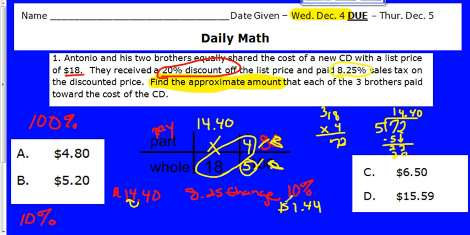Now you don't just pay tax, you also have to pay the original amount, which was $14.40. So together, that's going to be $15.84.